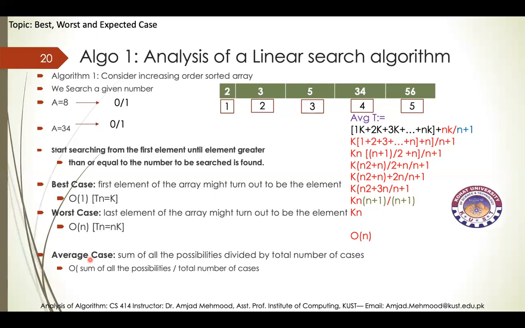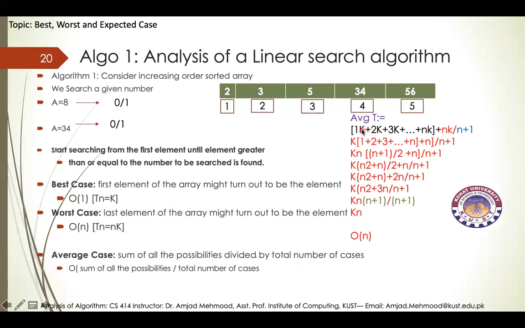And why this is the case, let's see, and then you will understand why we normally don't consider or don't want to find average cases. So how can we calculate the average or expected case? As we know, it is the sum of possibilities divided by the total number of cases.